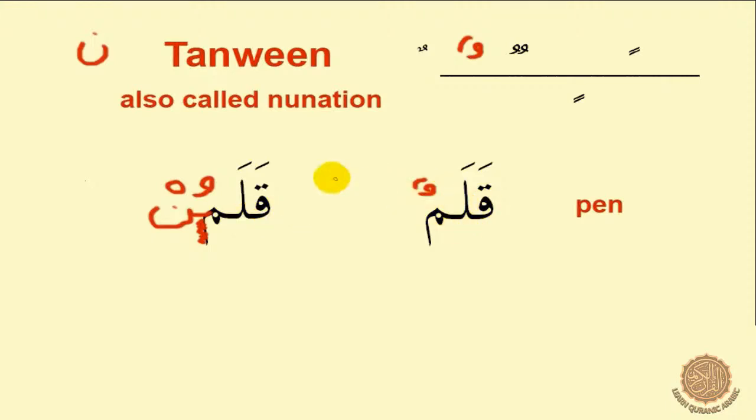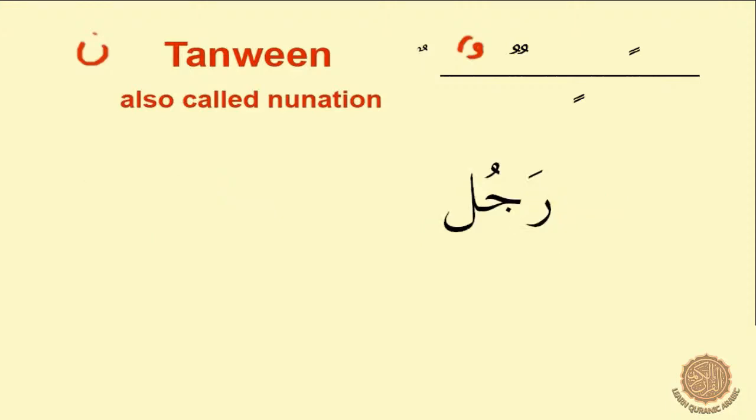So you never write a tanween like this. Now, what does tanween indicate? The main thing it indicates is indefiniteness. So here, qalamun would be a pen. So here we have the word rajul, which means man. Now, if we want to say a man, we put tanween.